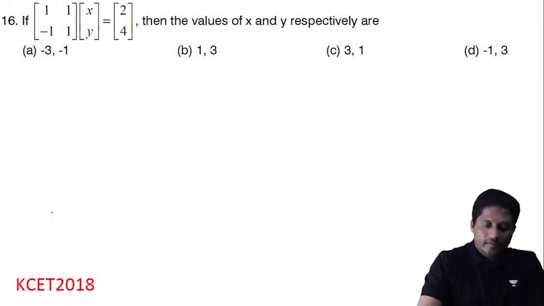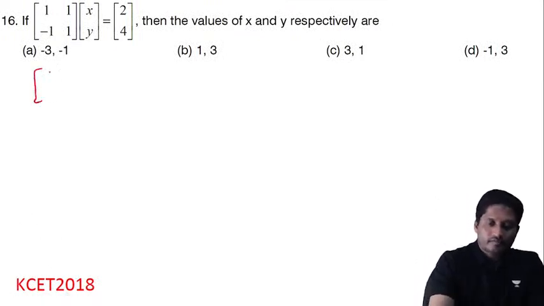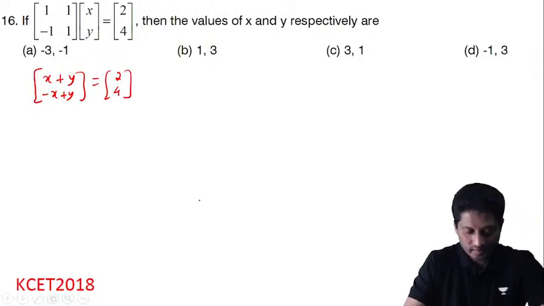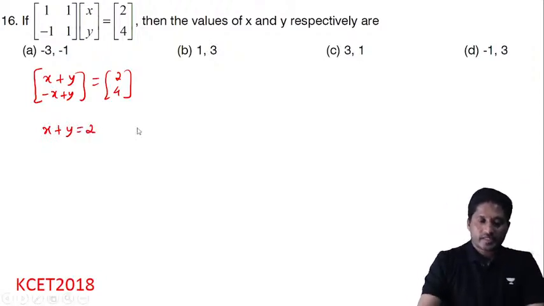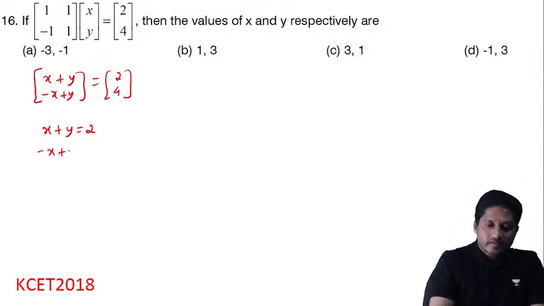If I multiply, first row first column is x plus y. Second row first column is minus x plus y, equal to matrix 2 and 4. Okay, now if I equate, x plus y is equal to 2, and minus x plus y is equal to 4.